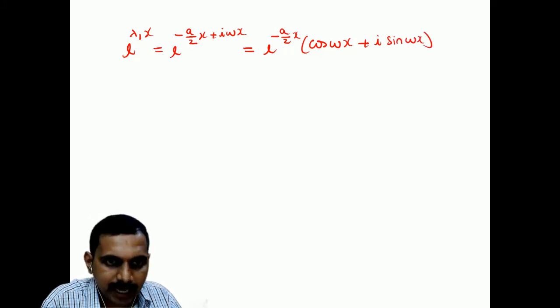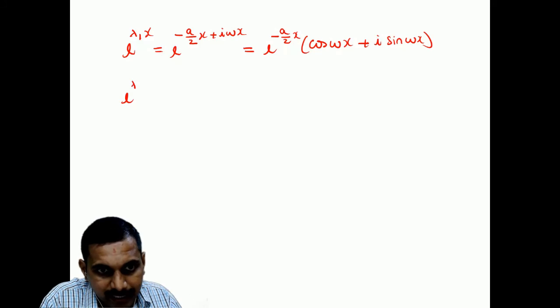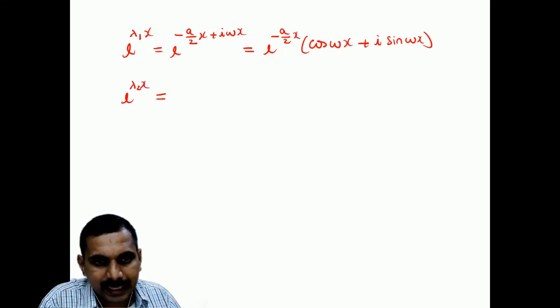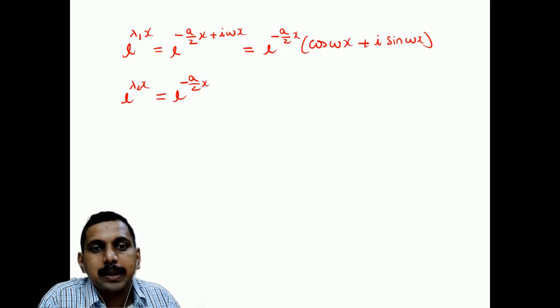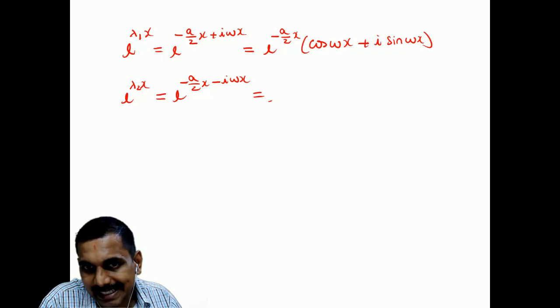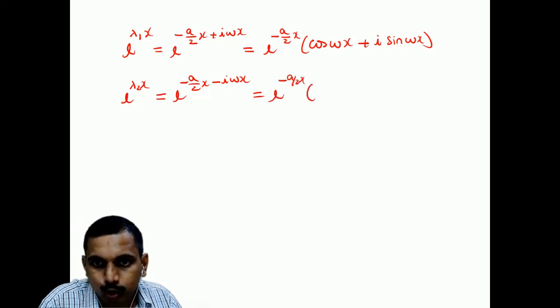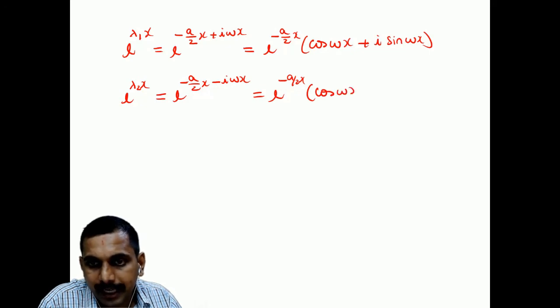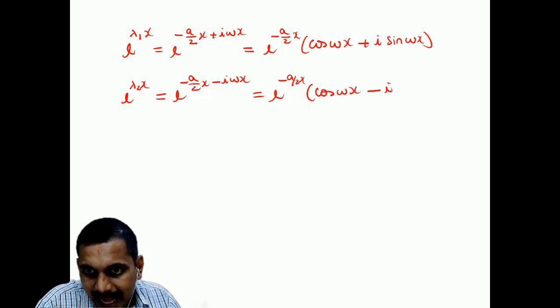On the other side, e power lambda 2x is e power minus a by 2x minus i omega x, which I can write as e power minus a by 2x into cos omega x minus i sin omega x.